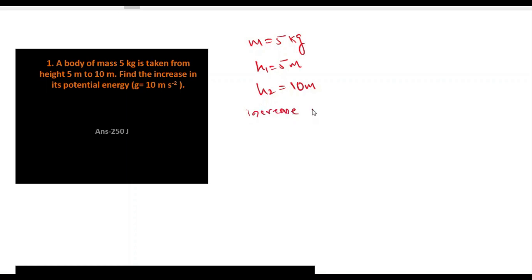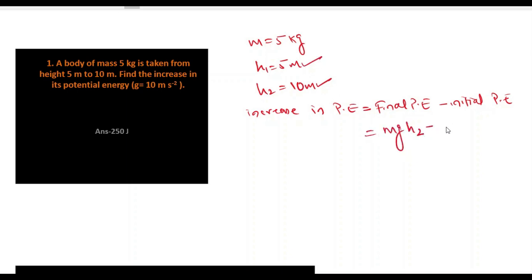Increase in potential energy is equal to final potential energy minus initial potential energy. Now the final height is this, initial height was this. So mgh2 minus mgh1, let's take mg out common.